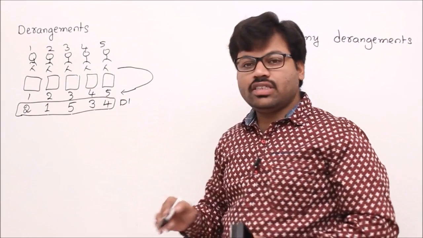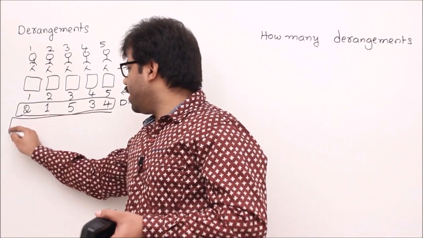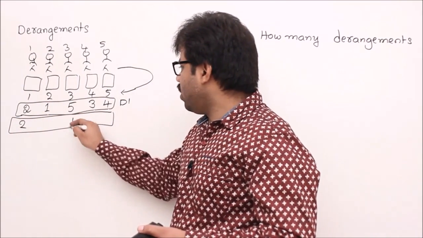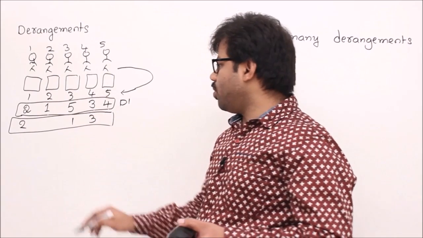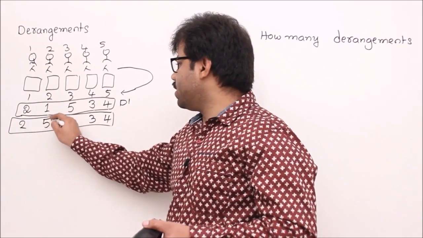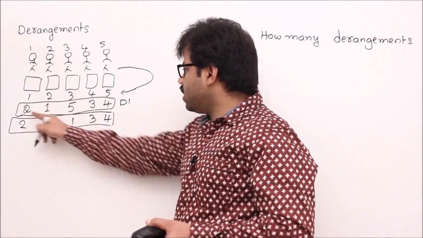Now, is there any other derangement? Please think about it. Let me write one more derangement, that is 2, 1, up now I am successful, 3, no problem, 4 here, 5 here. Is it okay? We'll see. But don't compare these values with these positions.